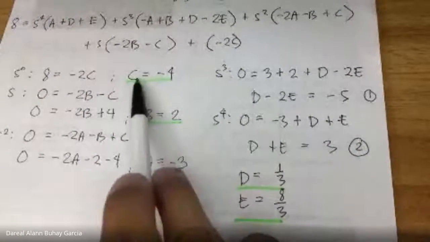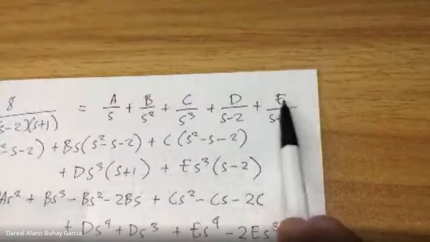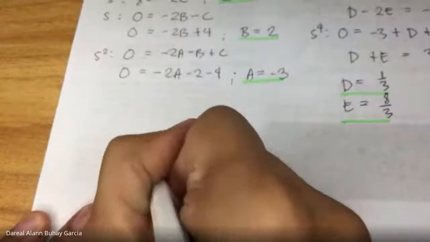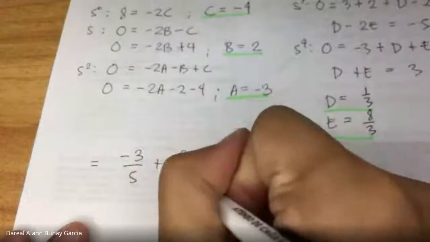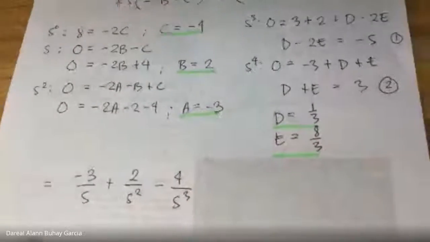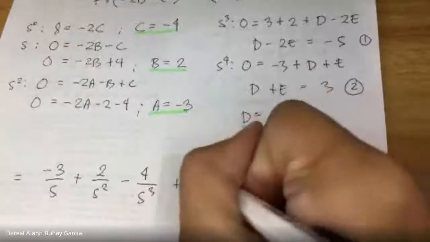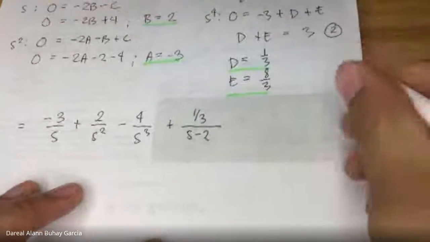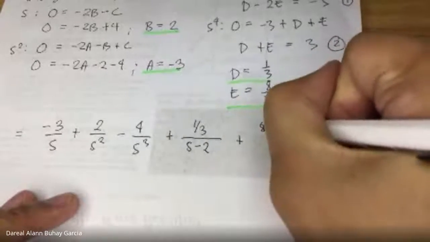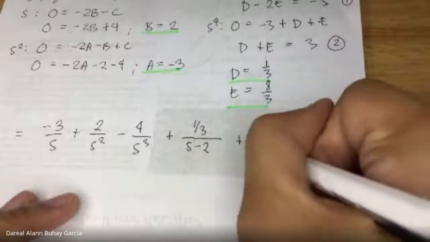Substituting these constants A, B, C, D, and E would yield us negative 3 over S, plus 2 over S squared, minus 4 over S cubed, plus 1/3 over S minus 2, plus 8/3 over S plus 1.